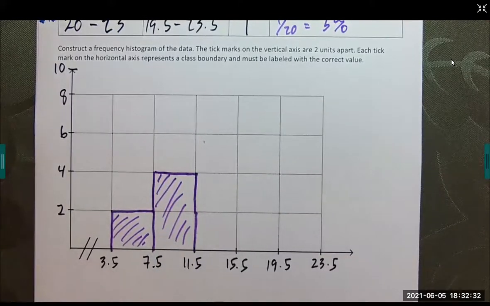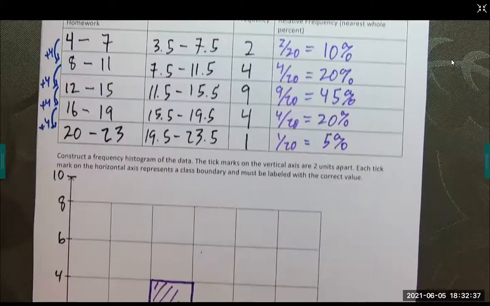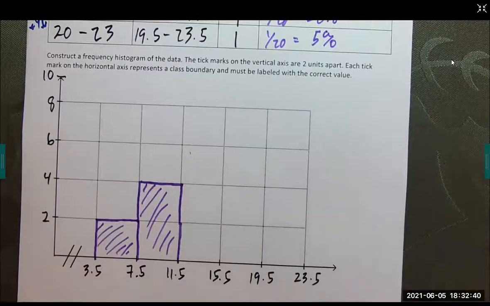And between 11.5 and 15.5, we have 9. That's going to be way up here.